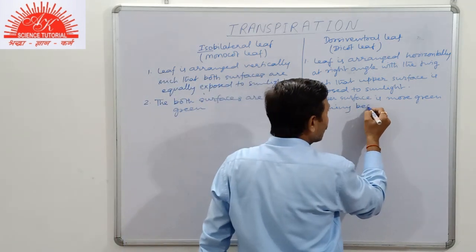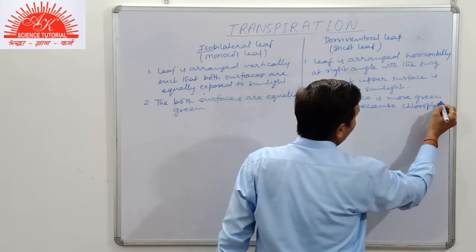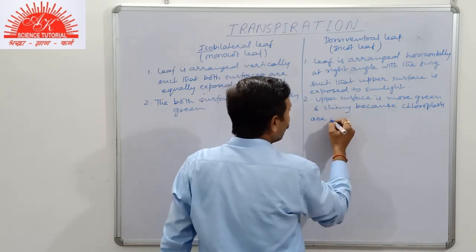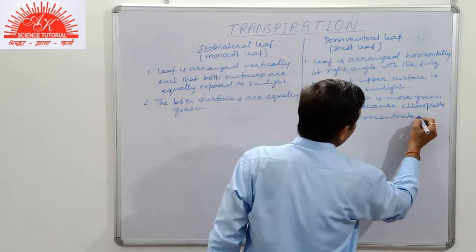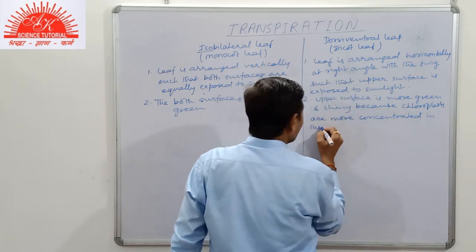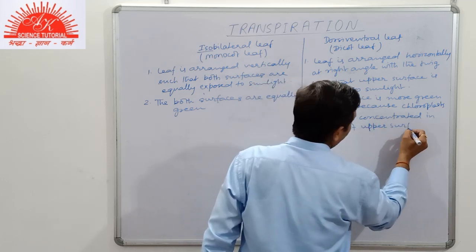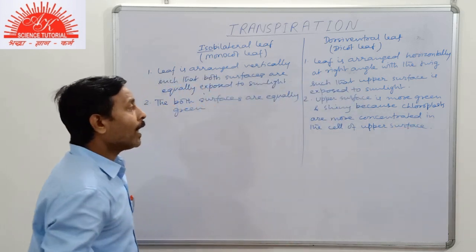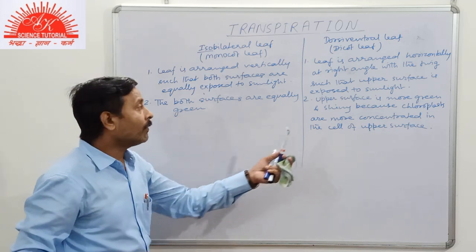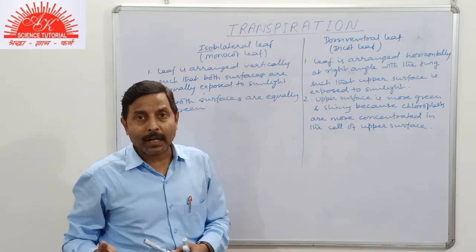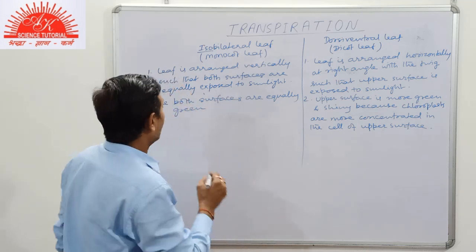The reason is that chloroplasts are more concentrated in the cells of the upper surface. So its upper surface will be more green and shiny than the lower surface. You can observe this difference in leaves of many garden plants. Even you can observe this difference in case of mango leaf and so on.